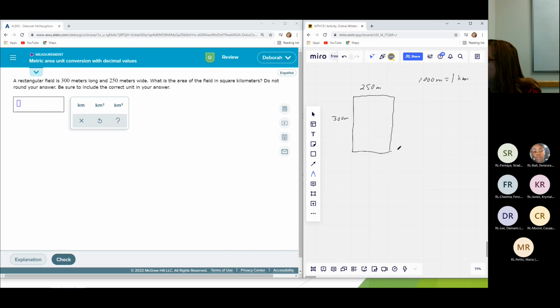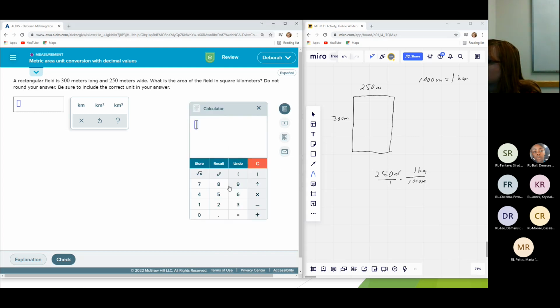So if I start with 250 meters, we put that over 1 times 1,000 meters goes on the bottom and 1 kilometer goes on the top so that the meters will cancel. So we're going to divide. So 250 divided by 1,000 is 0.25 kilometers.